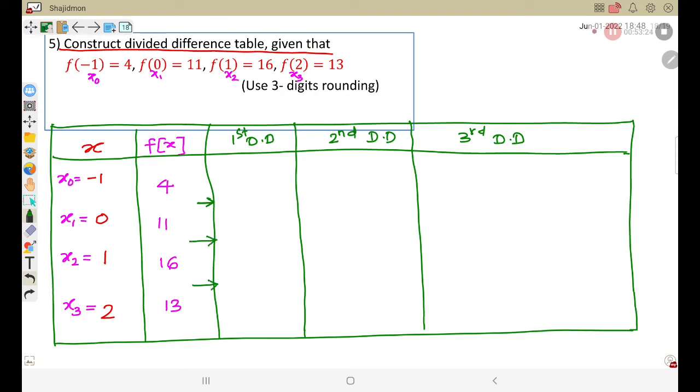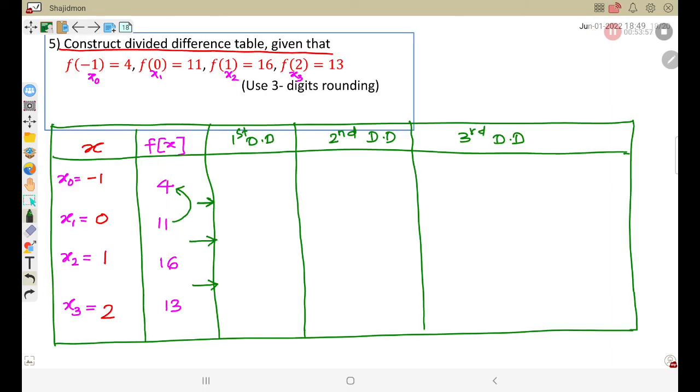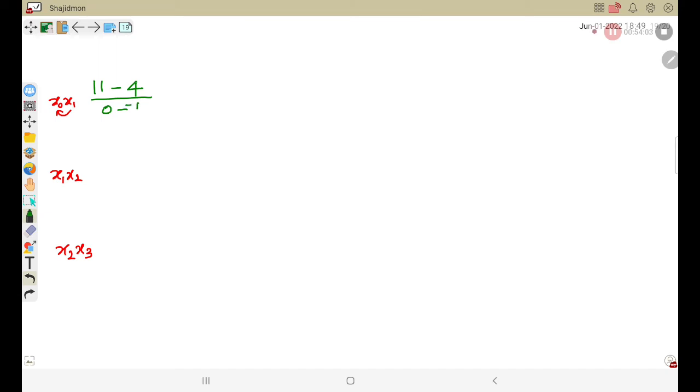Keep in mind, first order means 2 numbers at a time: x0, x1, then x1, x2, then x2, x3. So 11 minus 4, divided by x1 minus x0, that is 0 minus minus 1. You will get 7.